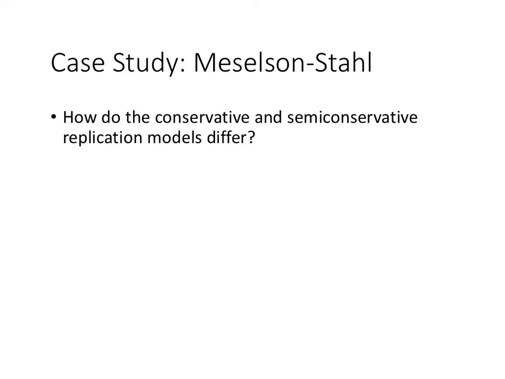I'm just going to focus on two. The third one, called the distributed model, you do not have to worry about in case you run into it in a textbook. We're focusing on conservative versus semi-conservative replication.